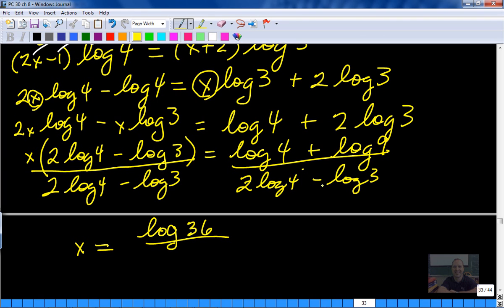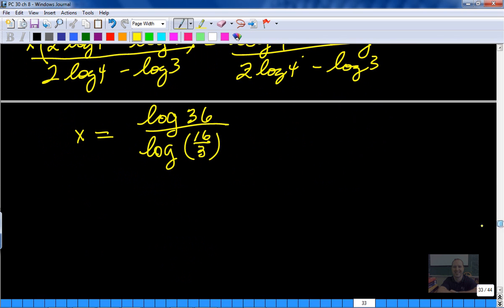And down here then, this subtraction is like a division, right? So that as a single logarithm, you have to put a couple things together. That 2 is going to be an exponent here. So it's going to be log of 16 over 3. Okay, everyone see that?